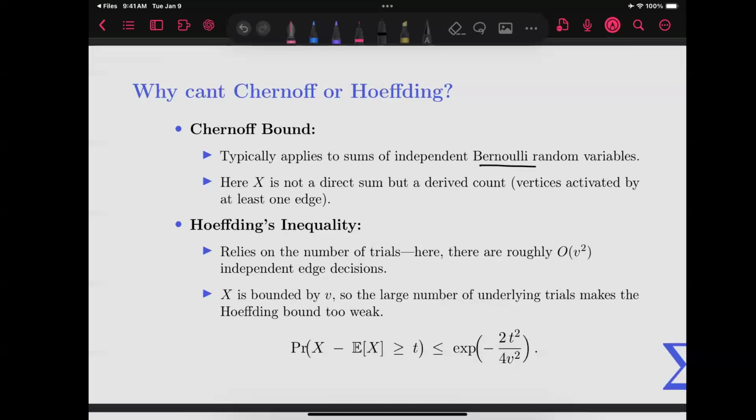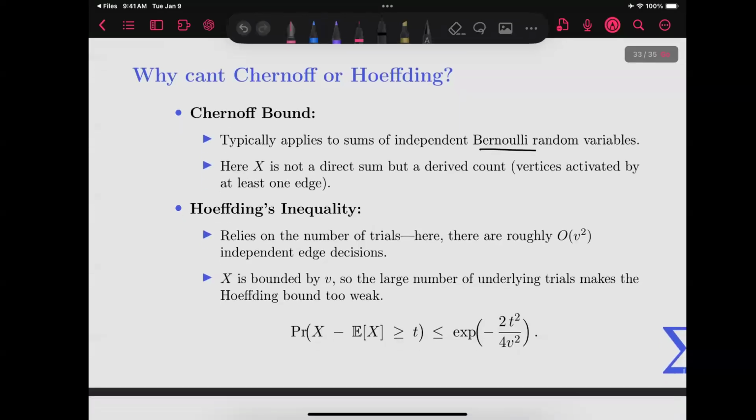For Hoeffding's inequality, the number of trials T1 to Tn would be V squared, because that is the largest number of edges that can appear in a graph, as in a complete graph.